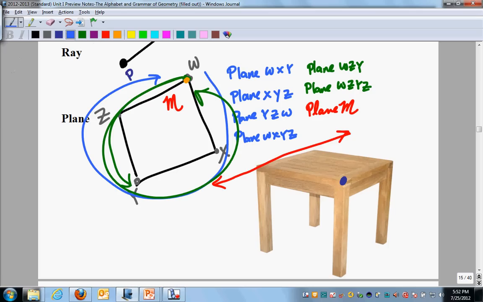If we stop right here, that is a segment. We draw an imaginary line going this way and have it go on forever in one direction. That would be a ray. And of course, the whole tabletop would represent a plane. That is the alphabet of geometry.